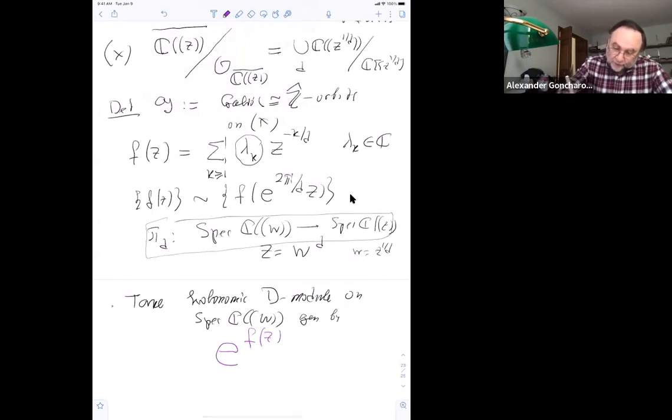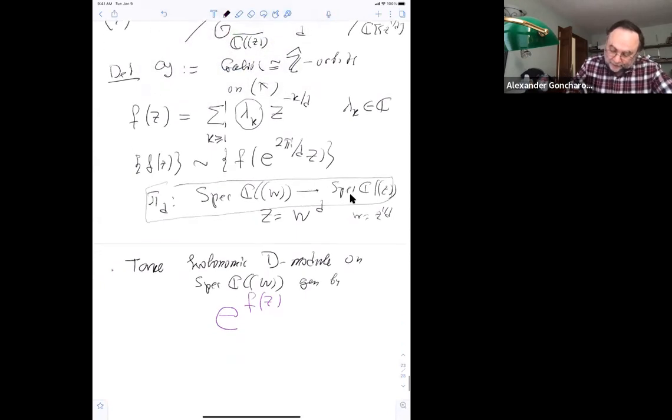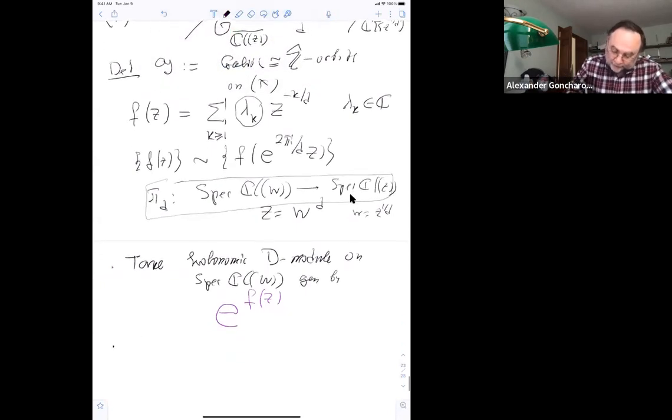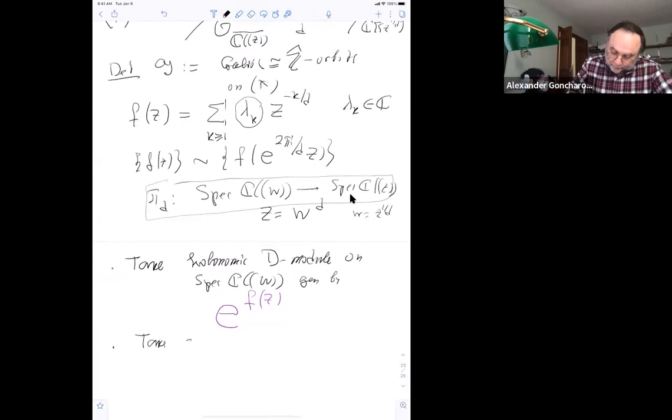So this is one thing which we take. Then another thing which we take is a local system.